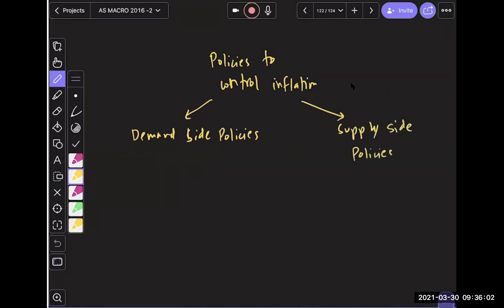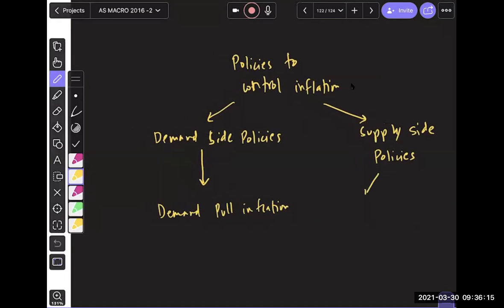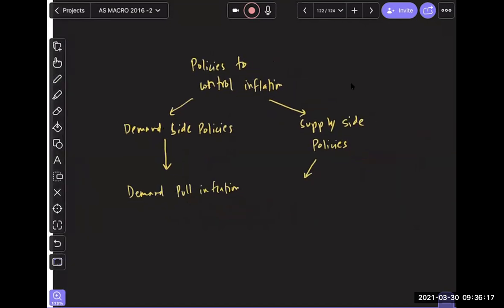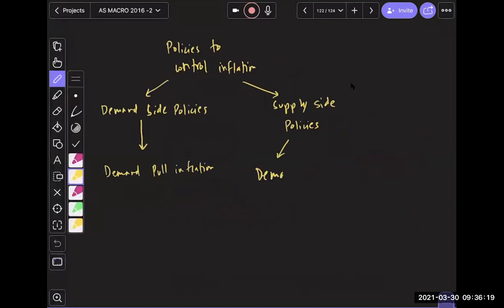Demand side policies are very useful for demand pull inflation. The supply side policies will be useful for both demand pull inflation and cost push inflation.